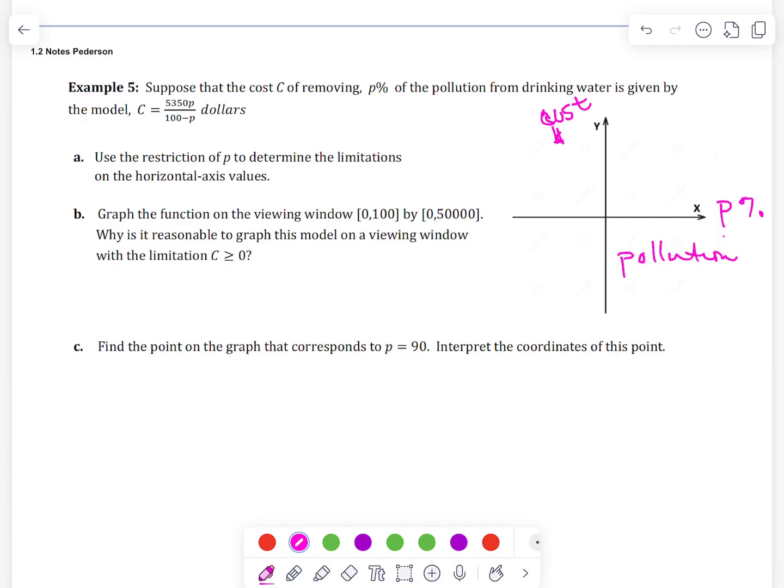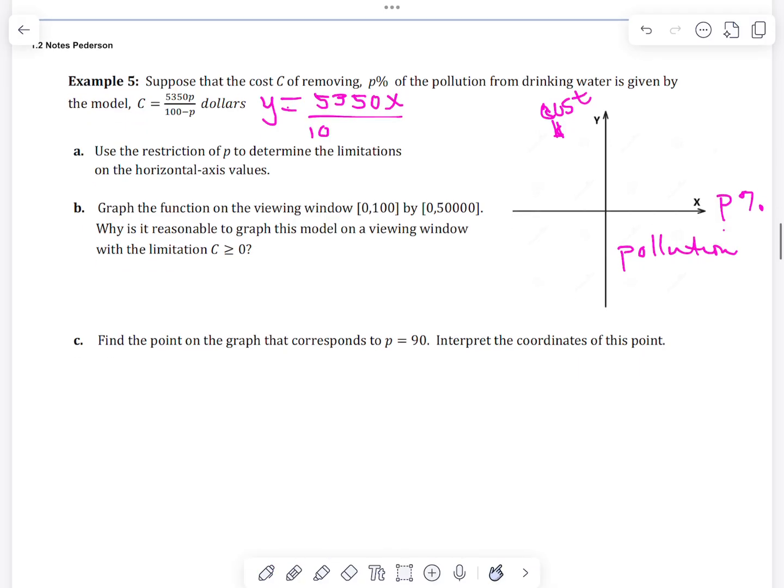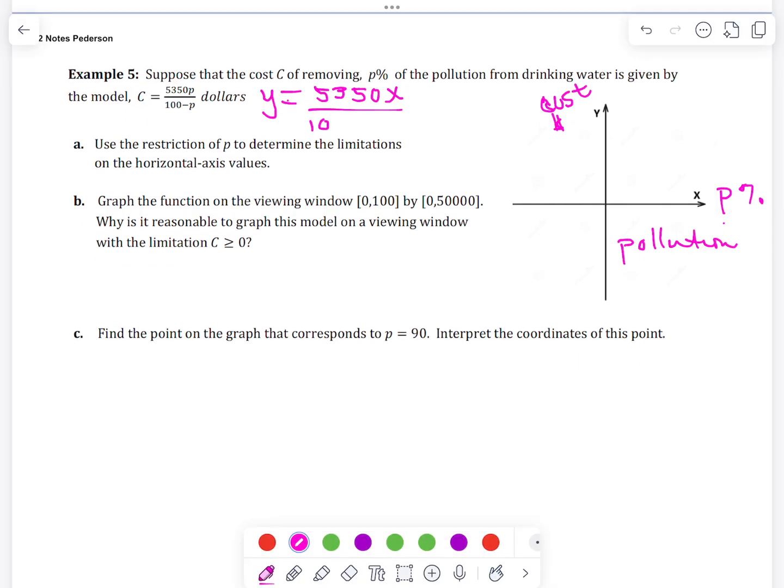And I'm going to go ahead and change this equation to just y equals 5,350x over 100 minus x. Because that's what you're going to be typing into the graphing calculator. And we want to do first is, what are going to be the restrictions for P on the horizontal axes?